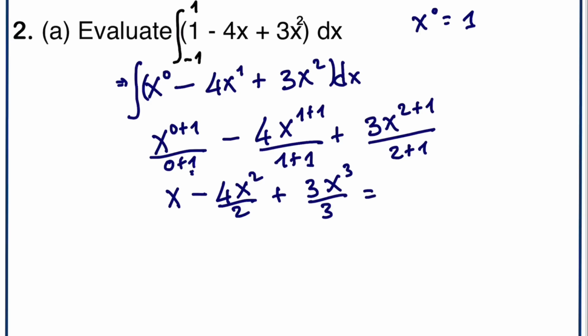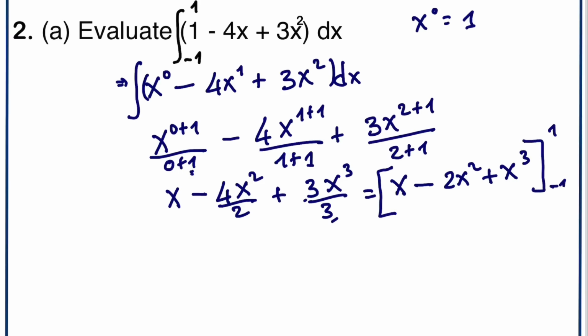So we can further simplify this to be x minus, if we simplify, 4 divided by 2 is 2, so this will give us 2x squared. The same thing here, 3 divided by 3 is 1, so we'll be left with plus x cubed. So we need to plug in the boundaries.